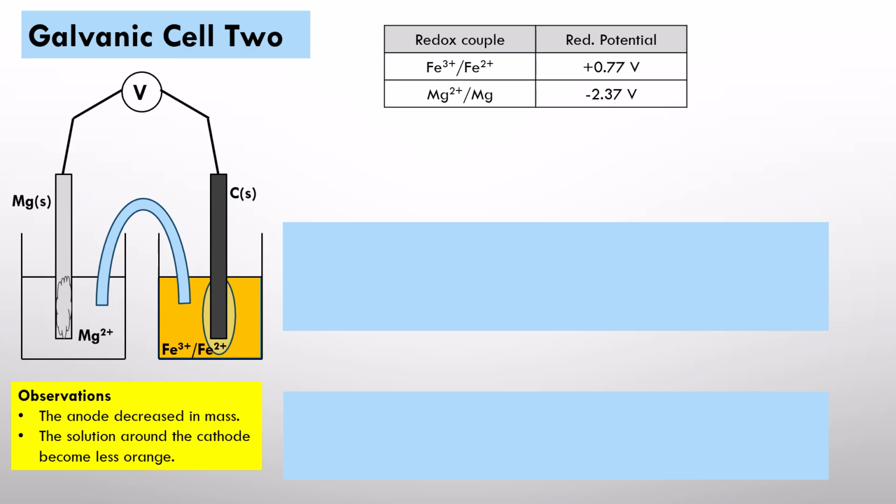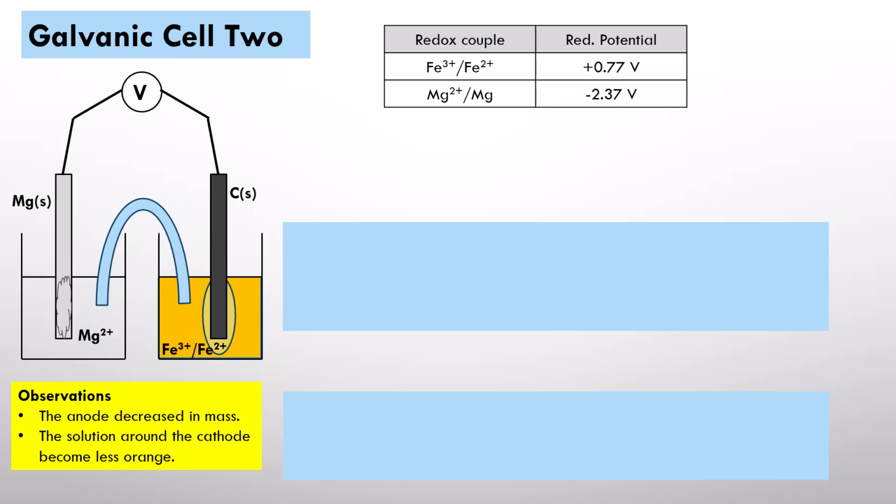Okay, so let's see if we can go through and write our comprehensive explanation. The first thing that I'm going to do here is look at the reduction potentials at the top here, and work out which one of these two is going to be reduced and which one is going to be oxidized. And it's quite simple.